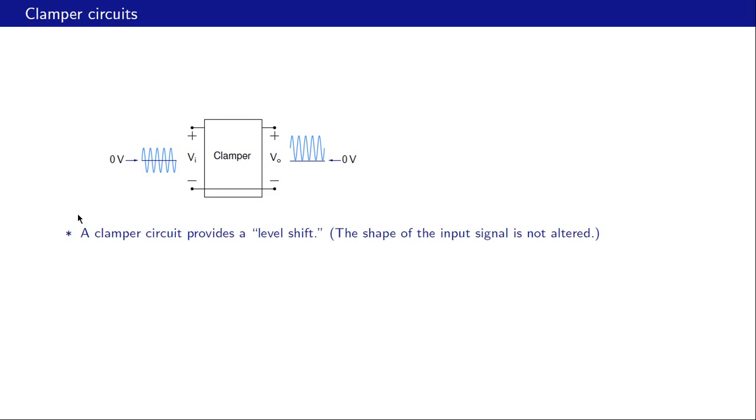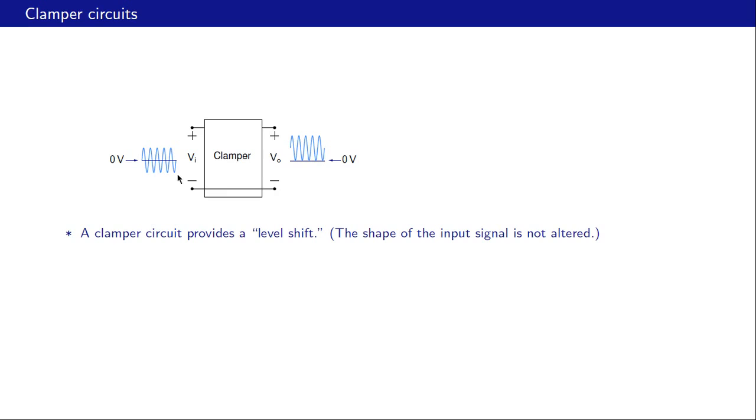Let us look at another application, and that is called a clamper. We have an input voltage here going from minus Vm to plus Vm. For example, this could be minus 10 volts, this could be plus 10 volts, centered around 0 volts. When we pass this input voltage through this circuit called clamper, what we get at the output is a level shifted version of the input waveform.